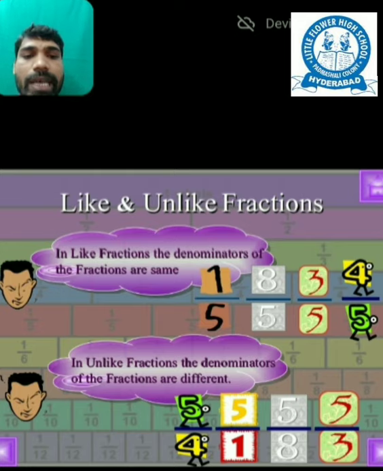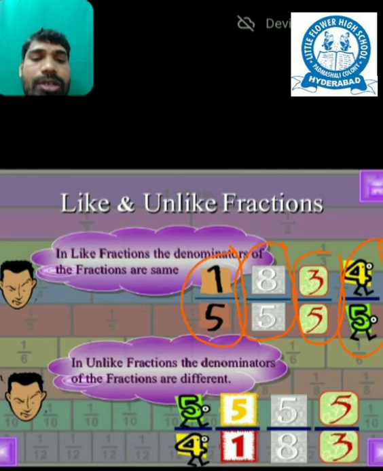See the examples given: 1 by 5 and 8 by 5, 3 by 5 and 4 by 5. Observe the denominators: all the denominators of these fractions are the same, 5. So in like fractions, the denominators of the fractions are the same. These are the like fractions.